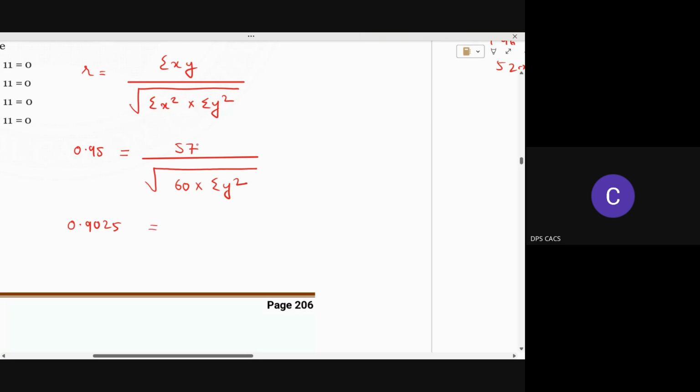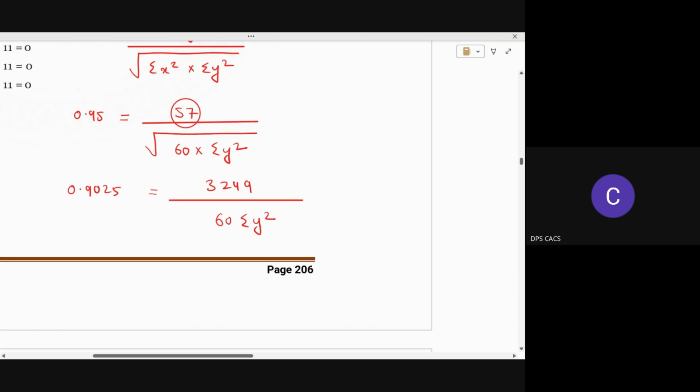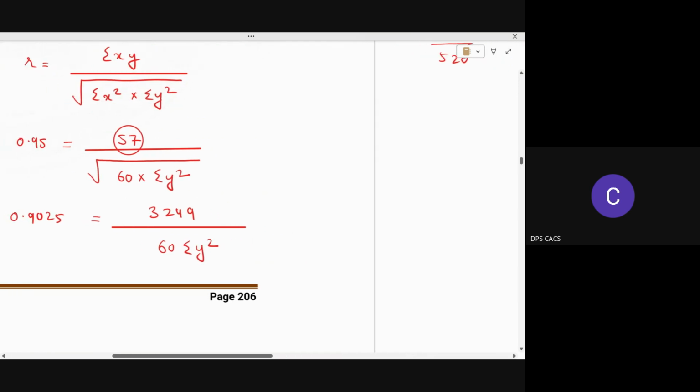Squaring both sides. What is the square of 57? 3249. Again, you cannot learn 57 squares, right? Till 25 you should learn. Divided by, root will be removed, right? So now can you give me summation y square? 60 is coming, which is correct.